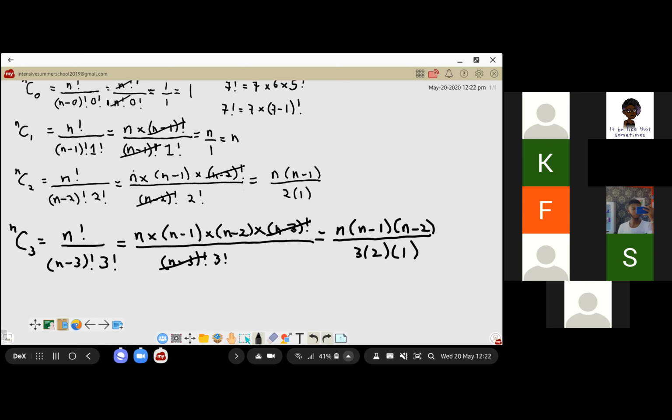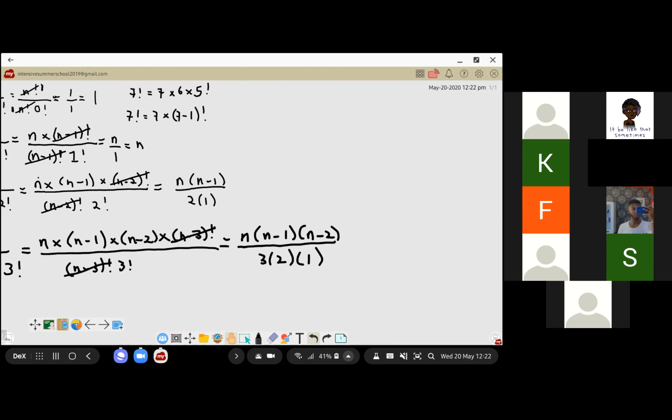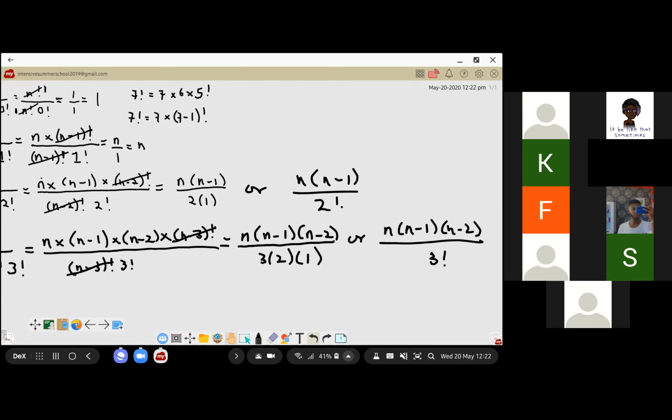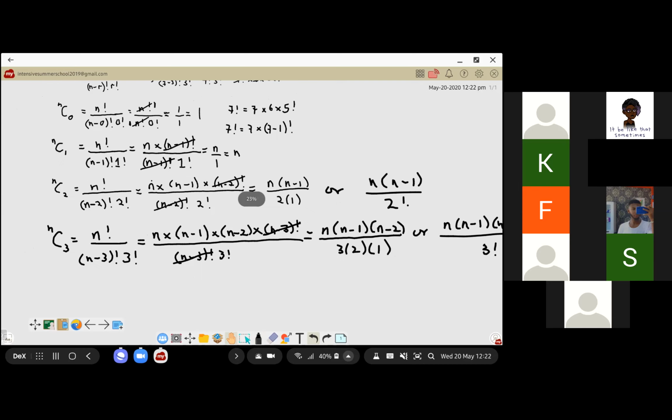The 3 times 2 times 1 is what? 3 factorial. All over 3 factorial. This one too, or n into bracket n minus 1 over 2 factorial. Are you writing? Yes, please.